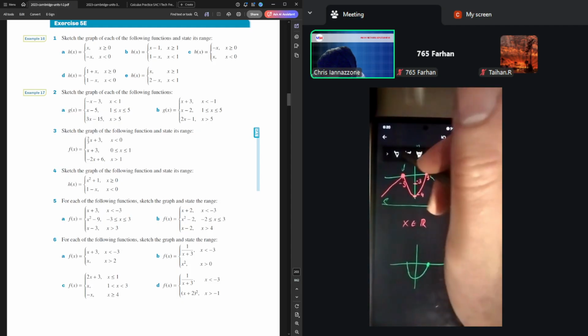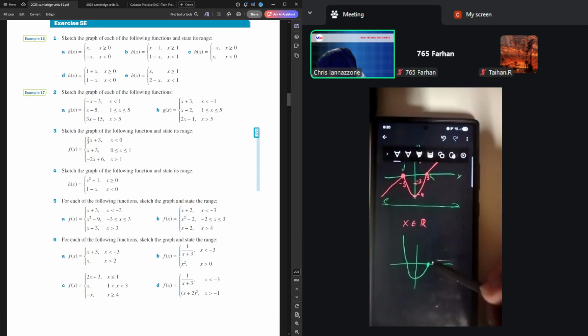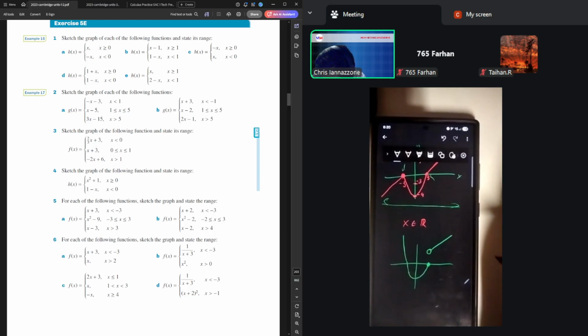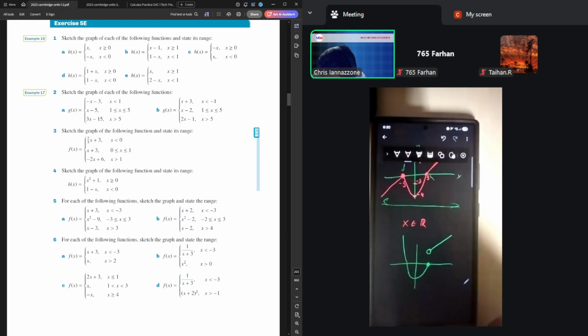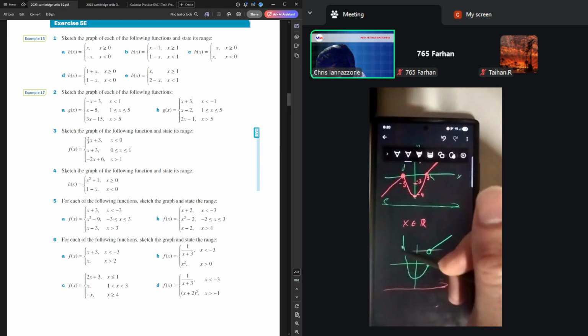The next scenario that we run into is if we have an inclusive and an exclusive right above it. What do we do there? Well, again, domain is just looking horizontally, making sure that every single x value is accounted for with a corresponding y value. So all these are accounted for.